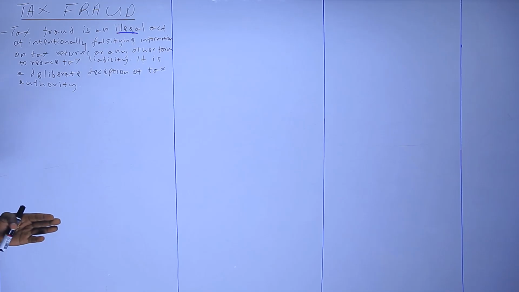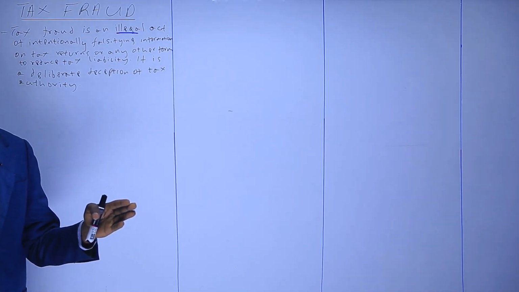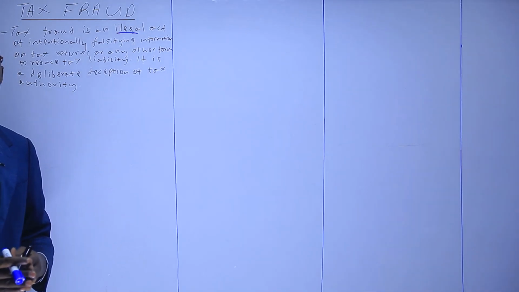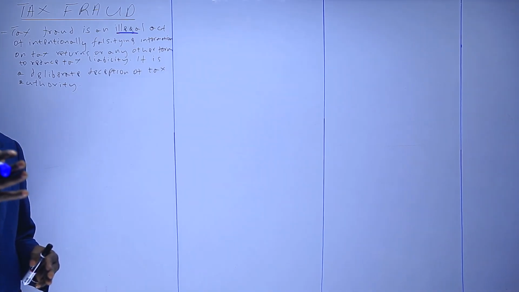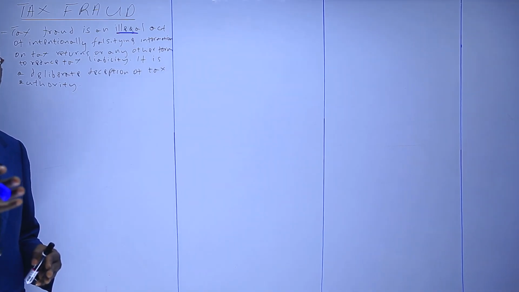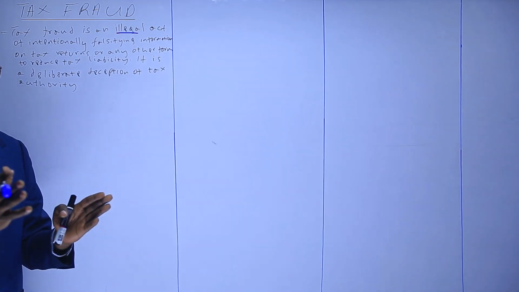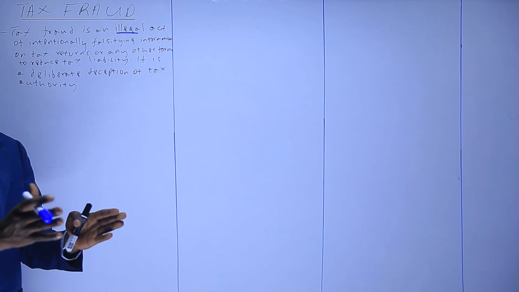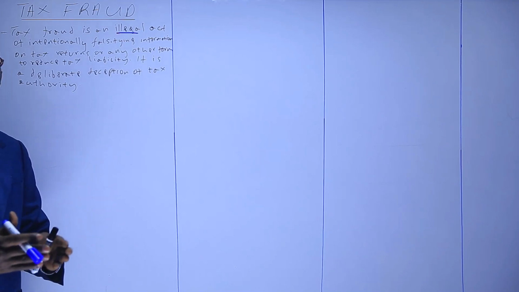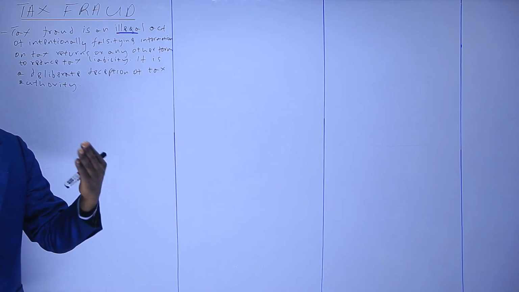Remember, when you want to tell the KRA how much income you have earned, you normally file returns. A return is a form which you fill to declare your taxable income. From that, you can compute the tax you are supposed to pay. So if you falsify and don't give the true information about your income, the tax you are charged will go down.